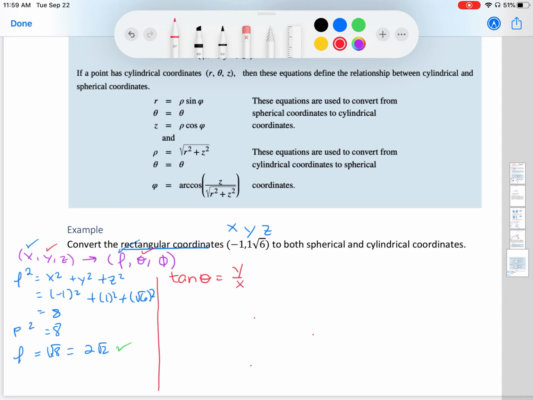Or if you want just theta, theta is equal to tangent inverse of y over x. Okay, so theta is made up of tangent inverse of -1 over -1. And so therefore, we're left with 3 pi over 4.